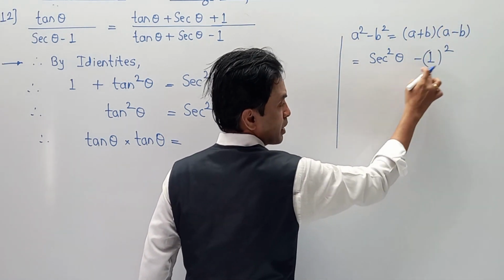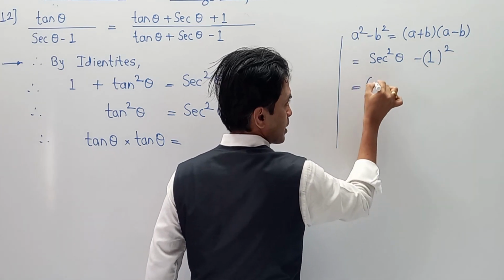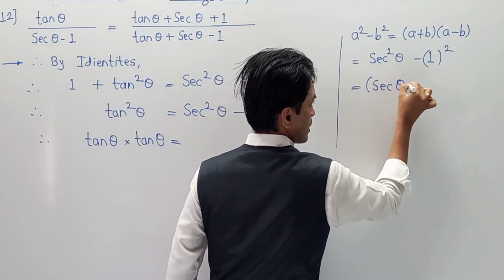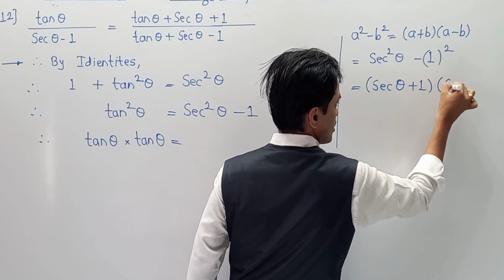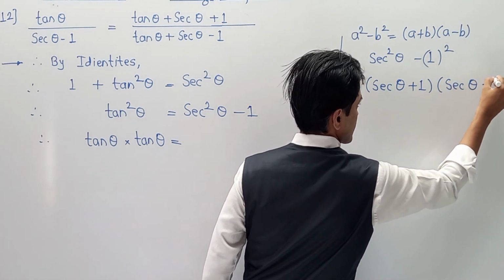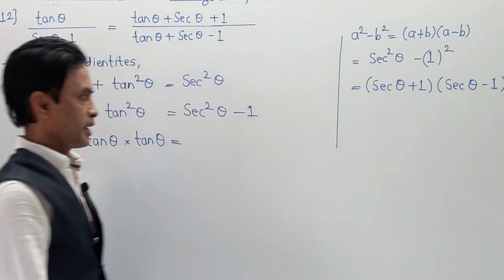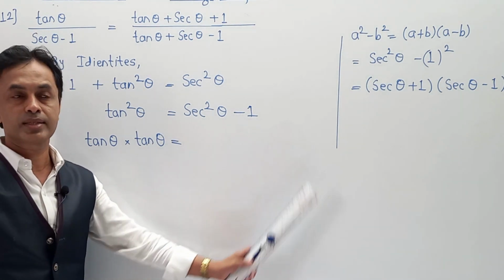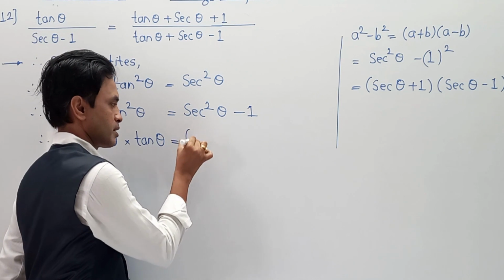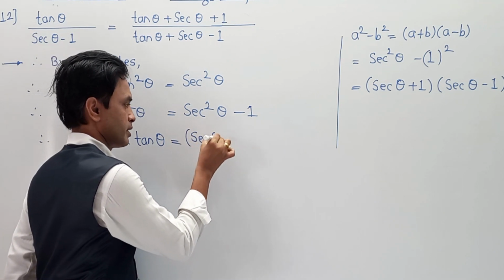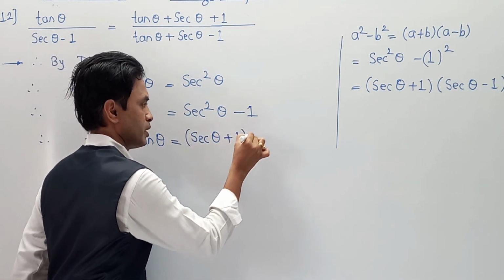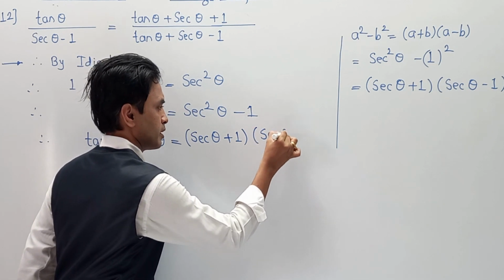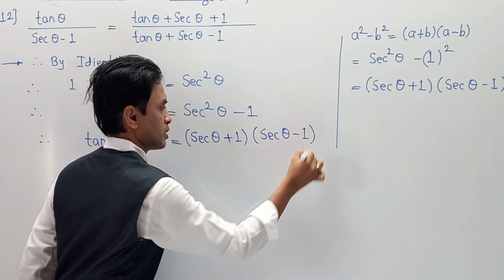So sec square theta minus 1 square, its factor becomes sec theta plus 1 into sec theta minus 1. In this way, sec square theta minus 1, I am going to factorize as sec theta plus 1 into sec theta minus 1.